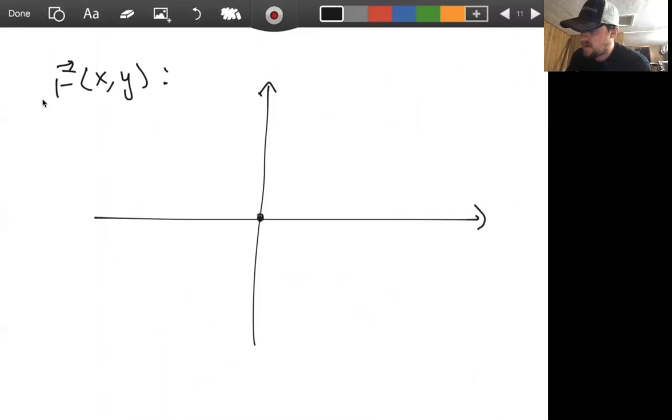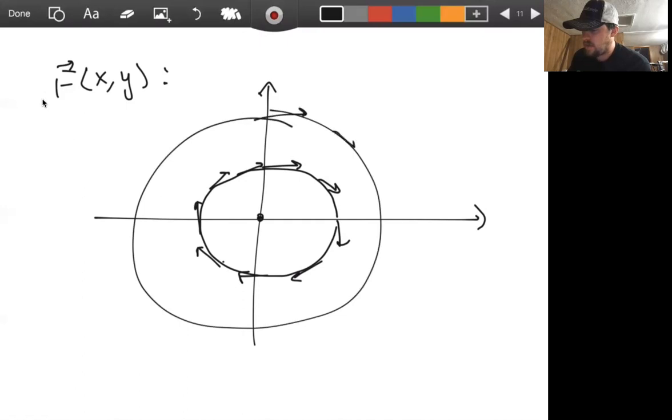If you were to look at f of x, y here, you would see that if you pick a circle of a given radius, the first time, as you picked bigger radii, the vectors got bigger. But now, in this unit vector field, they're all of length 1, no matter how far or close to the origin you get.